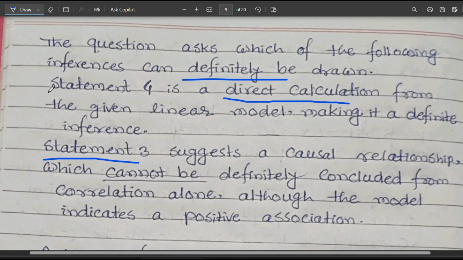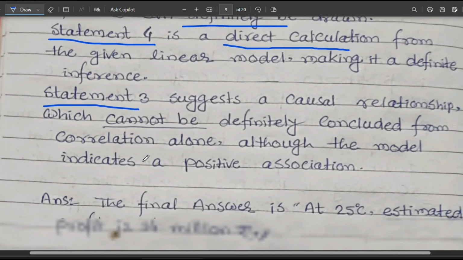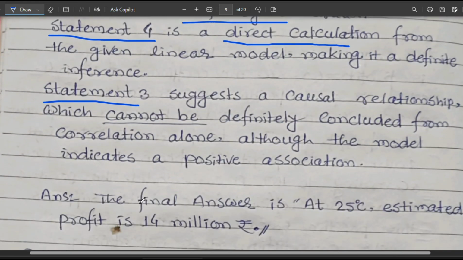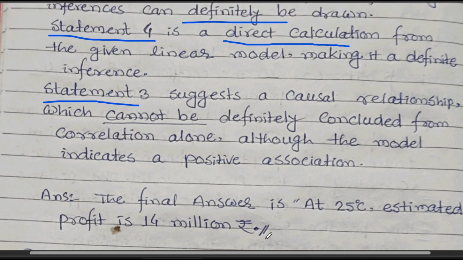That's why we prefer statement 4, not statement 3. So the final answer is: at 25 degrees Celsius, the estimated profit is 14 million rupees. Statement 4 is correct. That's it.